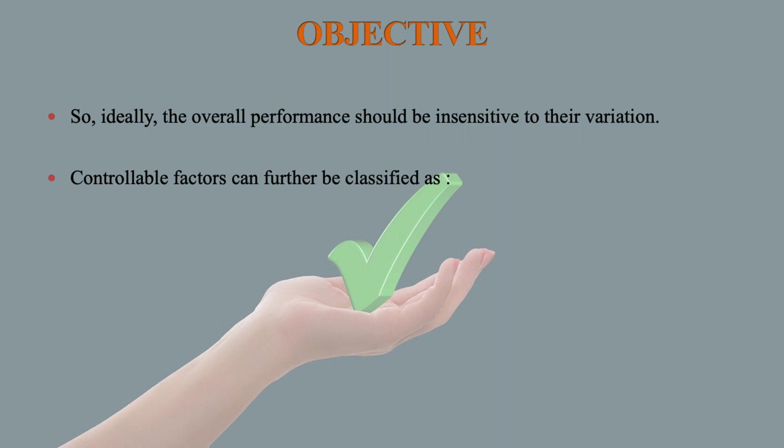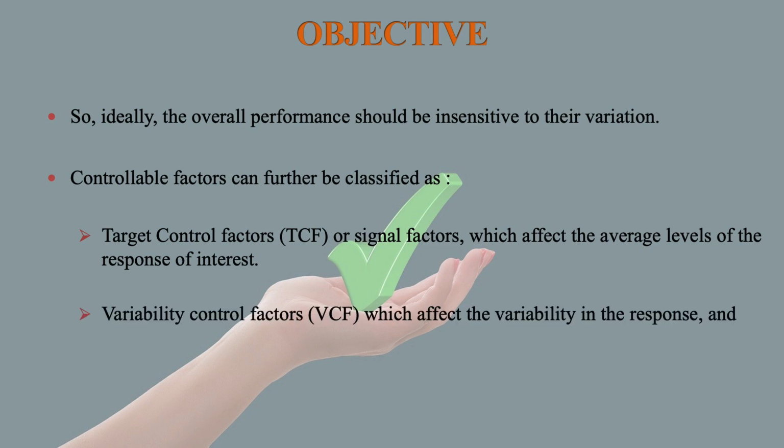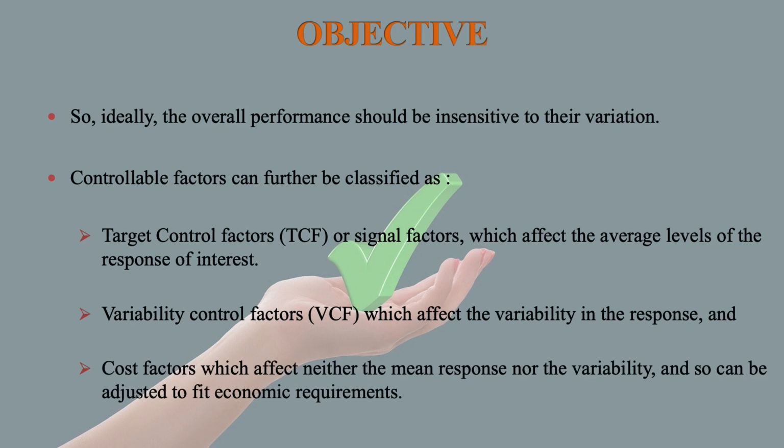Controllable factors can further be classified as target control factors, TCF, or signal factors, which affect the average level of the response of interest; variability control factors, VCF, which affect the variability in the response; and cost factors, which affect neither the mean response nor the variability, and so can be adjusted to fit economic requirements.